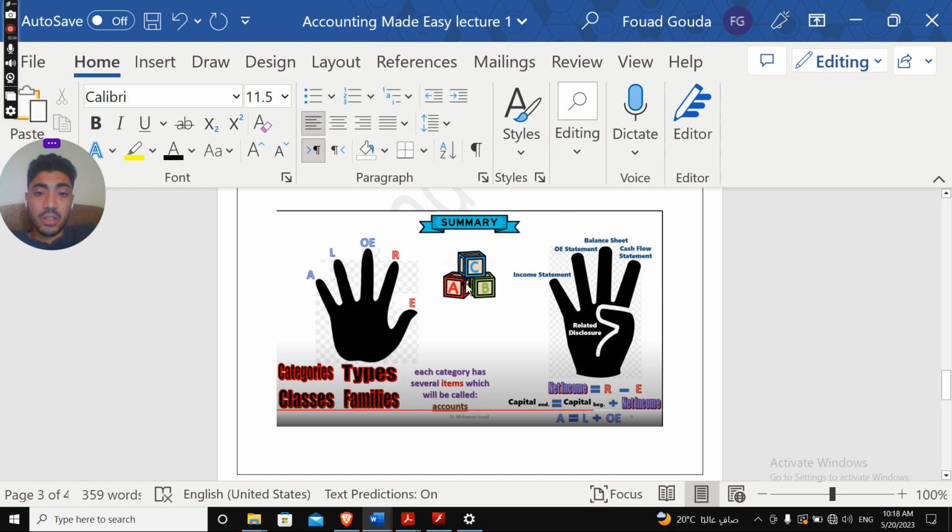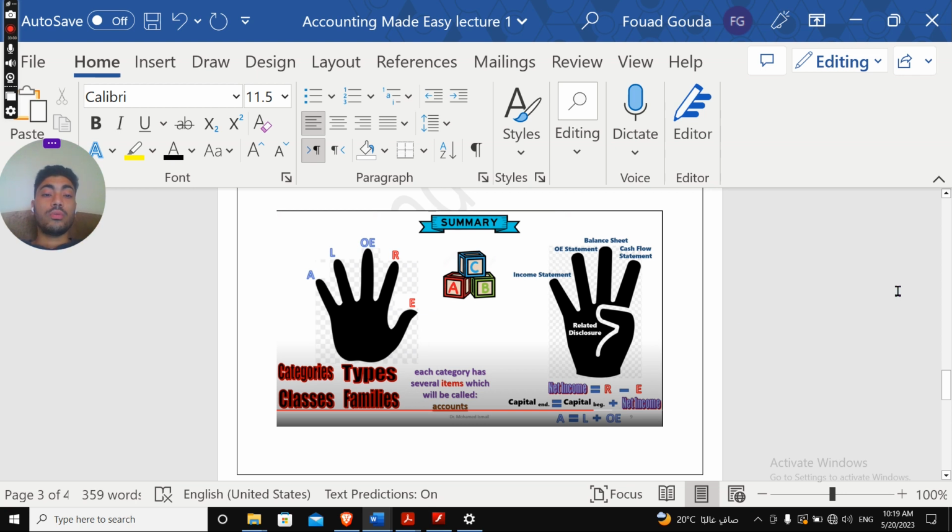We have a summary here. It's really an easy one. Look, we have 5 items that help us prepare the statements. Alright? So first thing is assets, liabilities, owner equity, revenue, expenses.